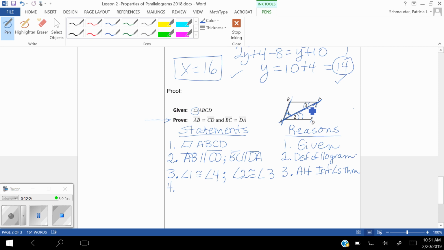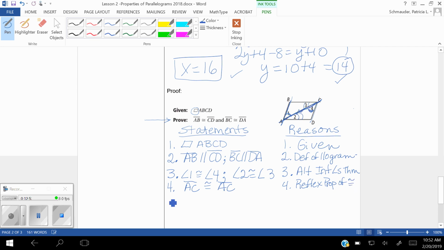Oh, so what I think I'm going to have to do is show that triangle ABC is congruent to triangle CDA, and then AB, CD and BC, DA will be corresponding parts. So how can I get that these two triangles are congruent? Oh, how about if I say AC is congruent to itself? They both share that side, and that, of course, is the reflexive property of congruence.